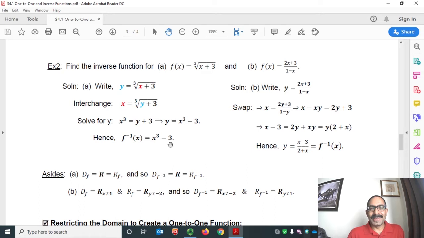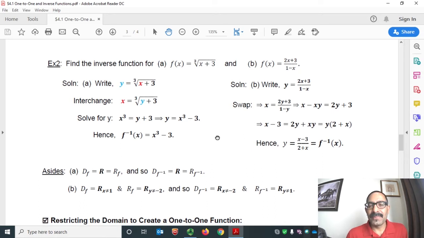Now let's move to the second part, part B. Write y equals f(x), so y equals the given function, 2x plus 3 over 1 minus x. Then the next step, switch x and y. So y becomes x, x becomes y. Here I just switch x and y.